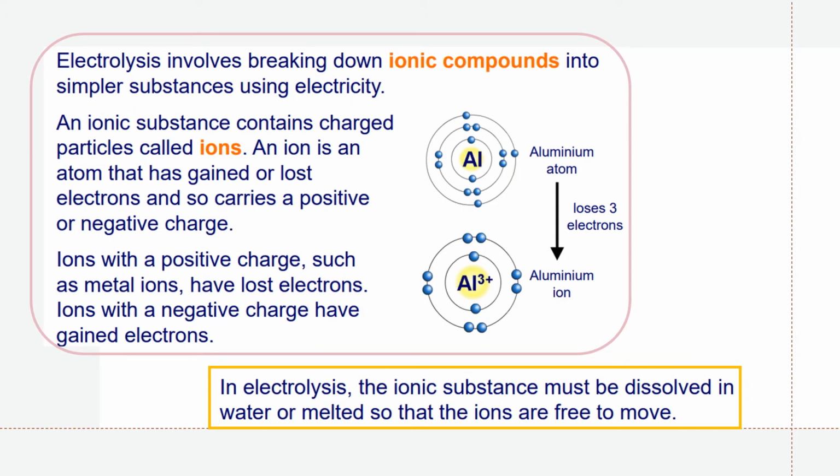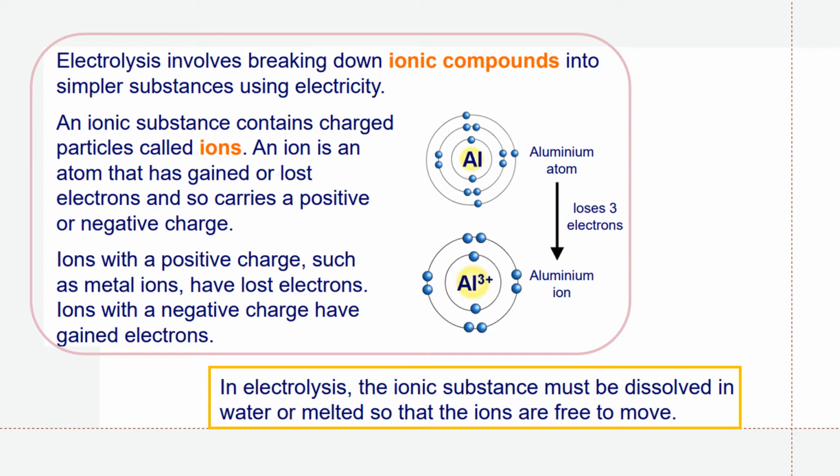Electrolysis involves breaking down ionic compounds into simpler substances using electricity. An ionic substance contains charged particles called ions. An ion is an atom that has gained or lost electrons and so carries a positive or negative charge.